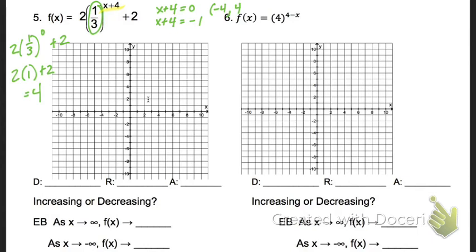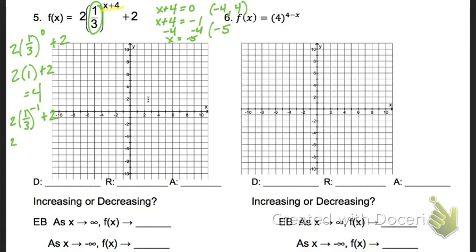The next one I want to plug in is when x equals what? Negative 1. And so I move this 4 over, and I get x equals negative 5. So when I plug in negative 5, I get 2 times 1/3 to the negative 1 plus 2. Because I'm plugging in negative 5. What's 8? 8.